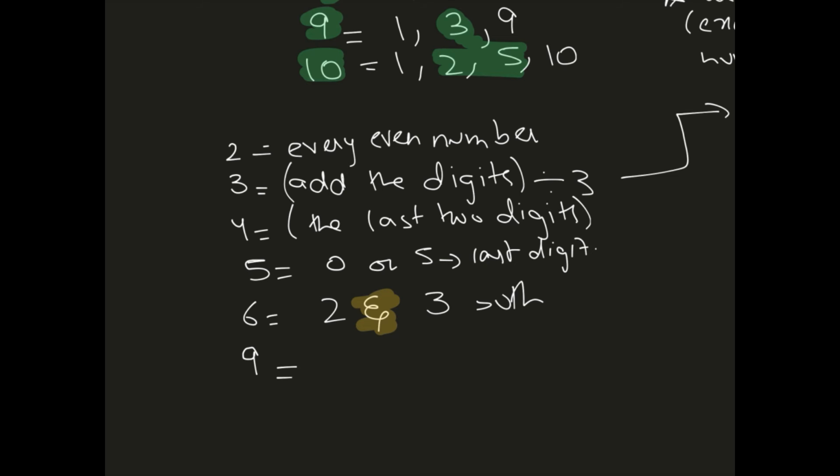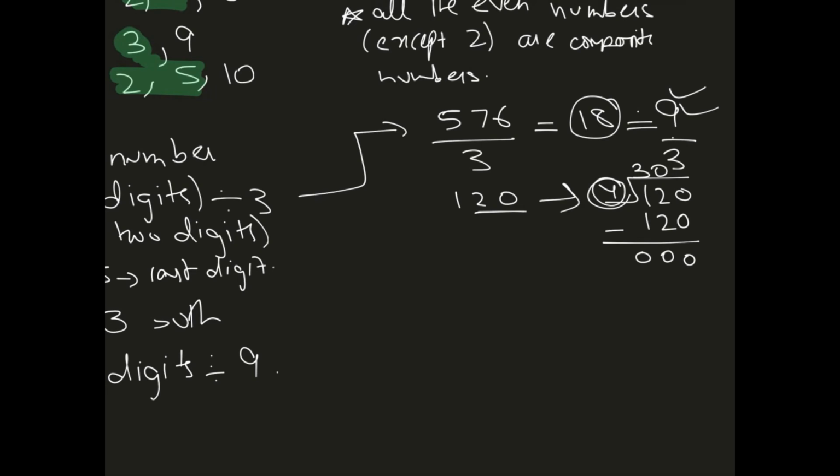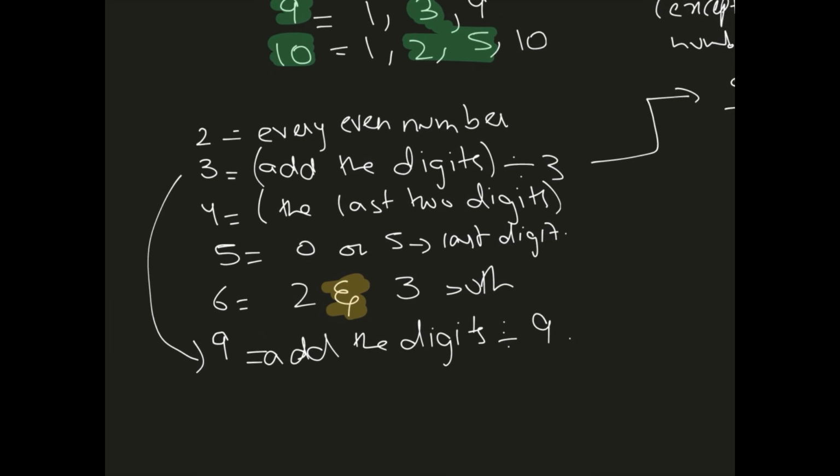For 9, it's the same as 3, that you add the digits. If the added number is divisible by 9, then the whole number can be divided by 9. So if we take the same example, 576, since 5 plus 7 plus 6 adds up to be 9 in the end, and 9 obviously is a factor of itself, this whole number 576 can also be divided by 9, right?